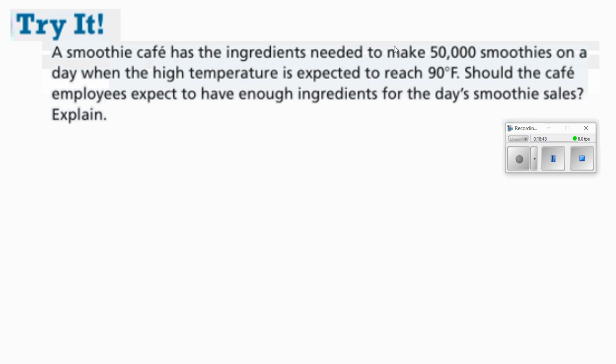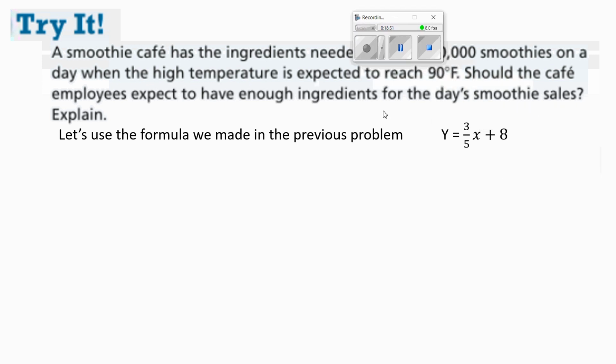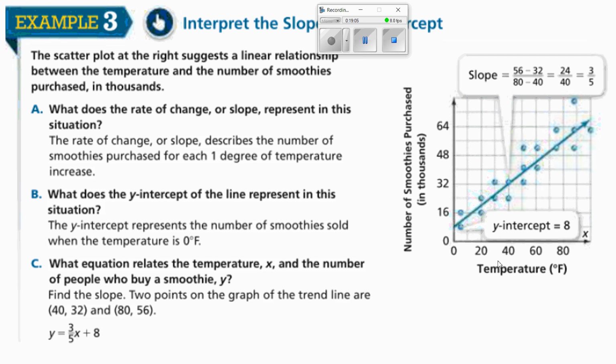How can we make sure? Well, let's use the formula that we had in our previous problem. y equals 3 over 5 x plus 8. Since it's 90 degrees, and we remember that the temperature was x, I'm going to go back just to make sure. Yes, x was my temperature.